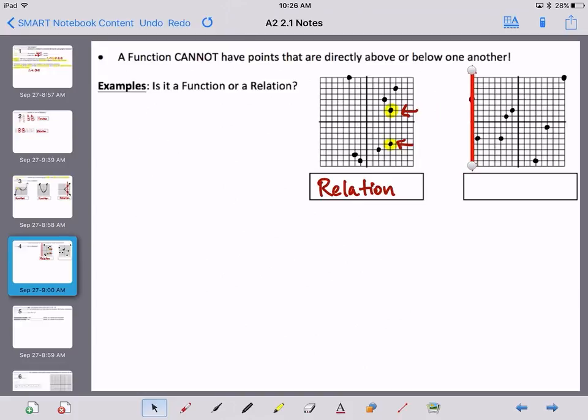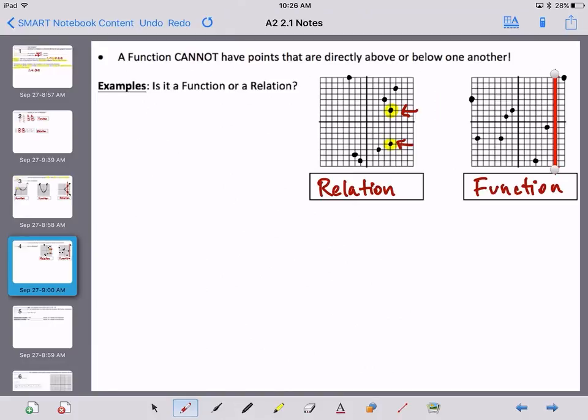So we got 1 point there, 1 point there, 1 point, 1 point, 1 point, 1 point there, 1 point there, and lastly 1 point way up there in the upper right hand side. So notice that only 1 point touched that vertical line anywhere we passed it through. So this second graph is in fact a function. All right, so only 1 point can touch that vertical line in order for a graph to be a function.